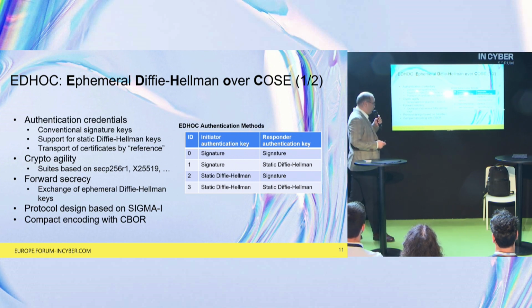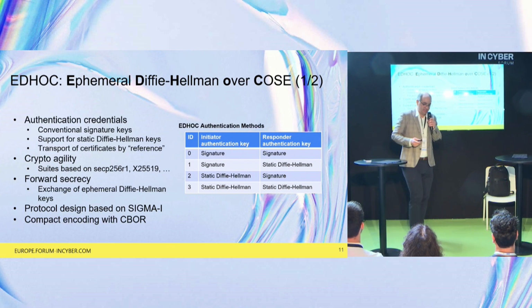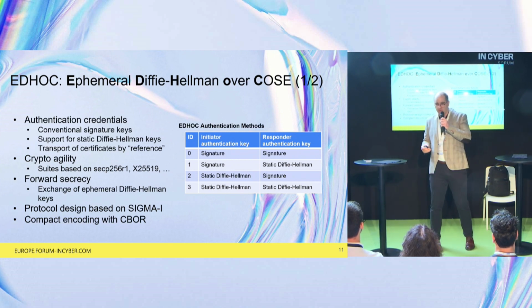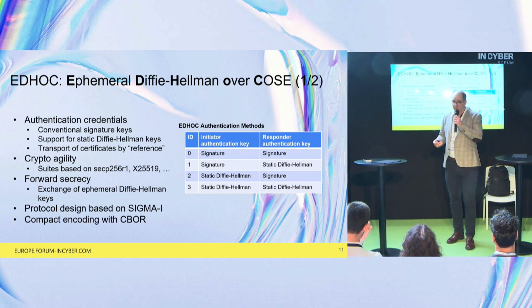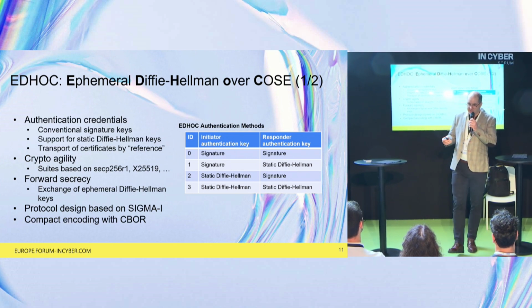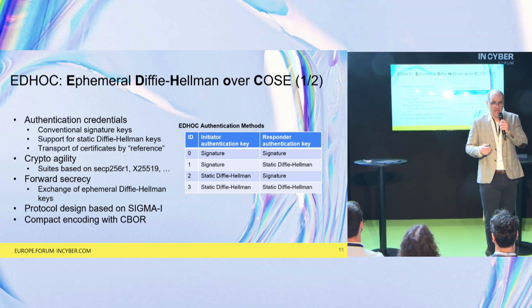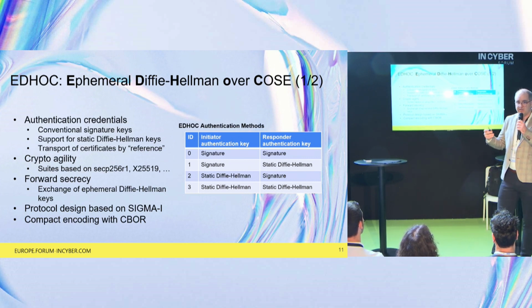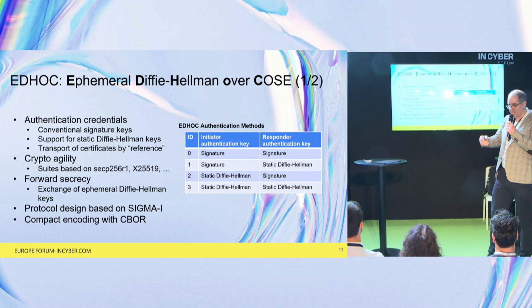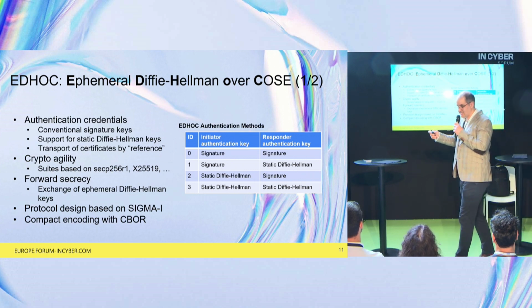So one particular aspect that is important in the design of the protocol was the transport of certificates. We could see from one of the introductory slides how X.509 certificates are quite heavy. And there is ongoing work in the IETF that is standardizing lightweight versions of X.509 certificates.